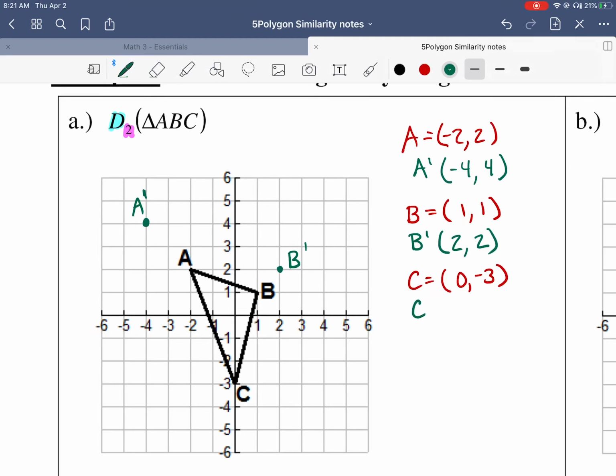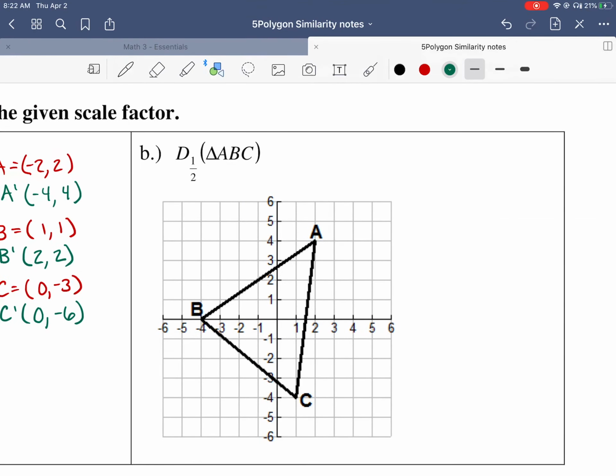Going to multiply these by 2. 0 times 2 is still 0. -3 times 2 is -6. If I connect my pieces, you will notice that my figure got larger. And that's my new one.